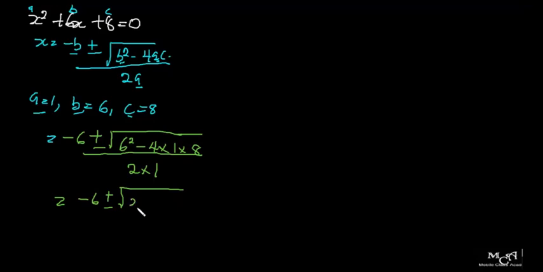That's 36 minus 4 times 8, which is 32, all over 2 times 1, which is 2. 36 minus 32 will give us 4, right? So we have the square root of 4 all over 2.